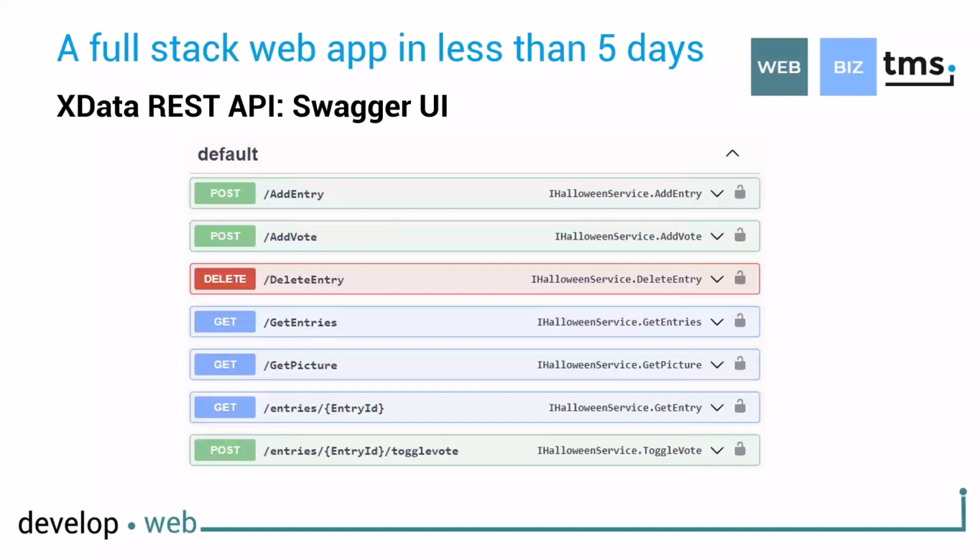The get picture endpoint is the endpoint that returns just the picture from a particular submission, and the entries endpoint with entry ID is the endpoint that returns all information for one specific submission, by the ID of this submission, which is the entry ID.